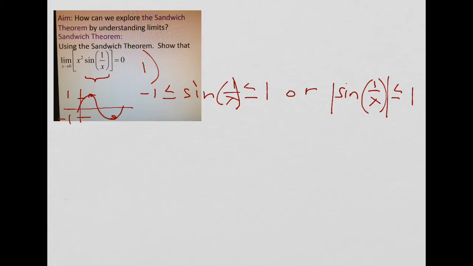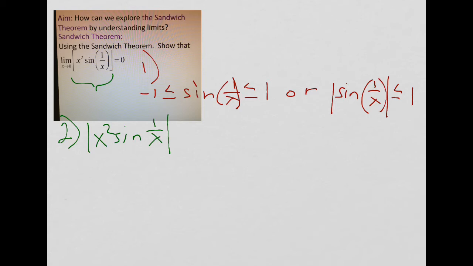Our second step is to take this expression and break it up, the whole thing now. So this we could say is the absolute value of x squared sine of 1 over x. That would break into the absolute value of x squared times the absolute value of sine of 1 over x.